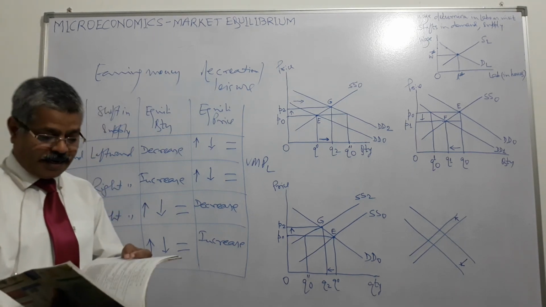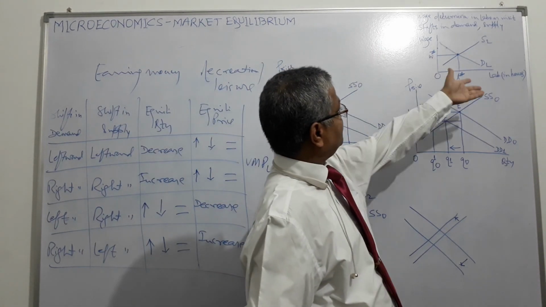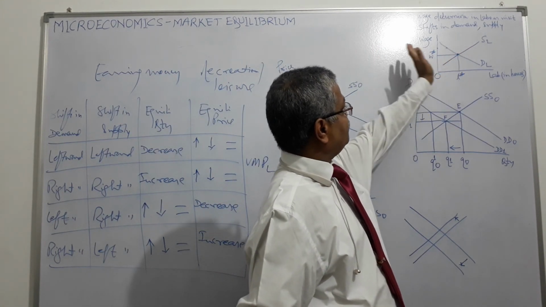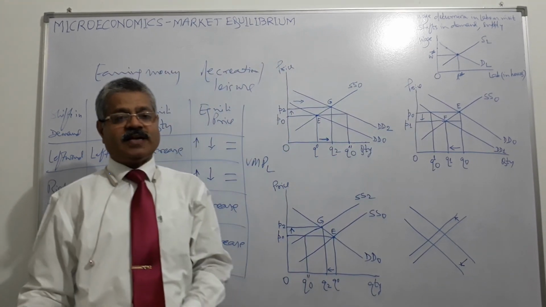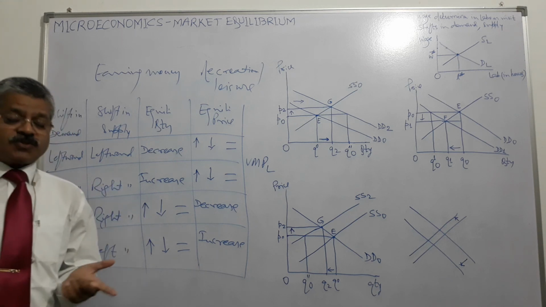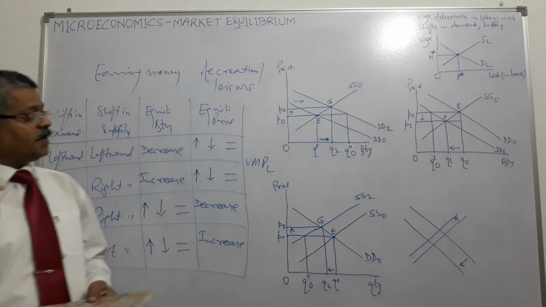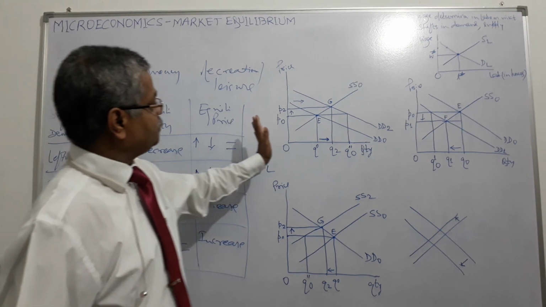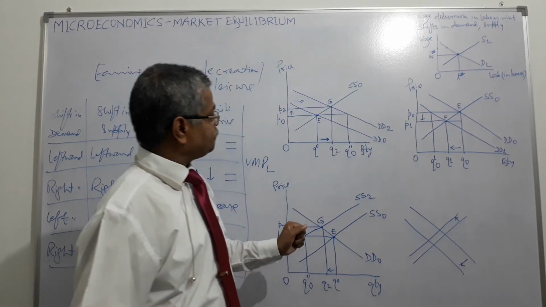The wage rate gets determined at the intersection of the supply of labor and demand for labor, right? And labor is always calculated not in the number of laborers employed but the number of hours worked, right? And then we have seen the shift of the demand curve, the shift of the supply curve.